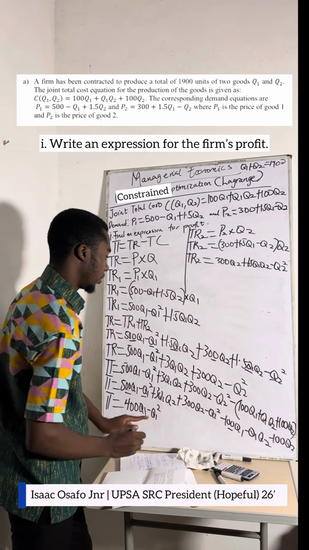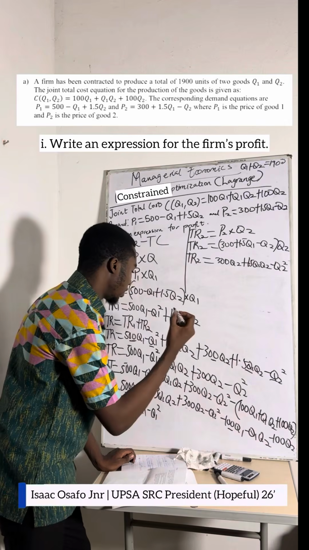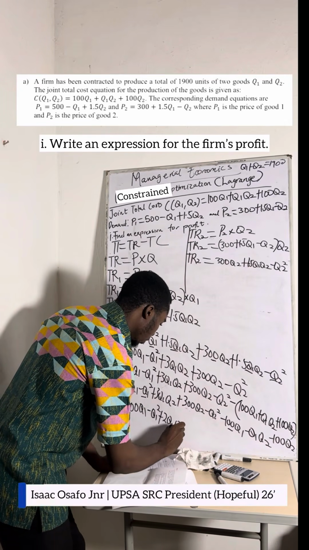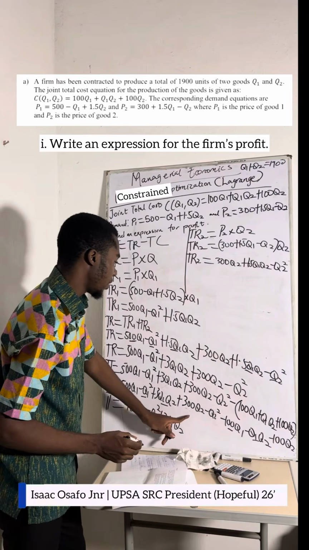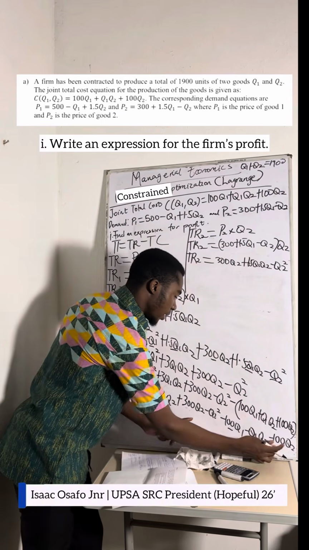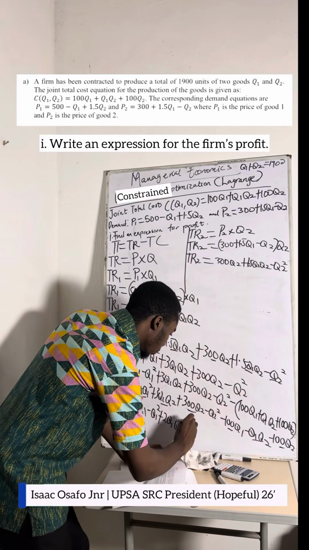Is there any other Q1 Q2? Yes, here. So 3 Q1 Q2 minus Q1 Q2 gives us positive 2 Q1 Q2. Let me underline them. Then plus 300 Q2. Is there any other Q2? Yes. So we have 300 Q2 minus 100 Q2, and that should give us 200 Q2.